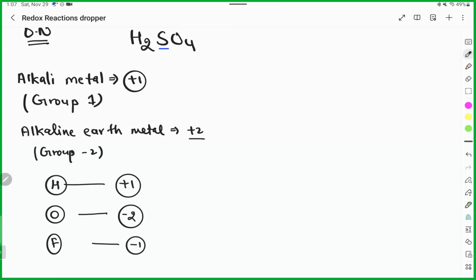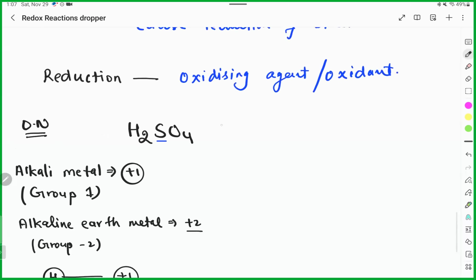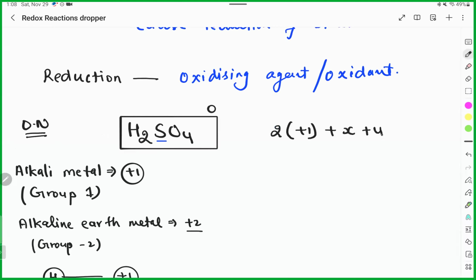Example here. This overall is a neutral molecule, that's why the net charge will be 0. How many atoms of hydrogen do we have? 2. Charge on each hydrogen is +1. Sulfur we have to calculate, let us assume X. 4 oxygen. What is the charge on each oxygen? -2.